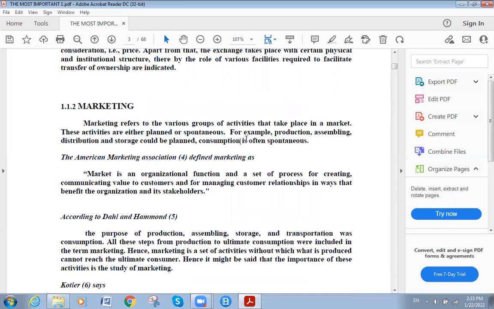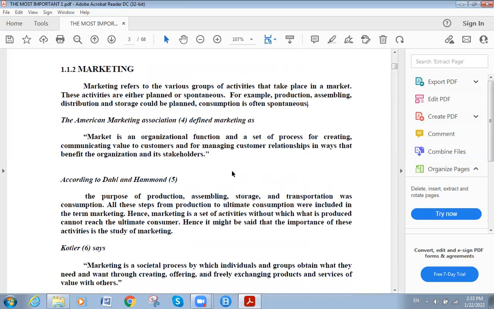For example, production, assembling, distribution, and storage could be planned. Consumption is often spontaneous. Also, marketing is an organizational function and a set of processes for creating and communicating value to customers, and for managing customer relationships in a way that benefits the organization and its stakeholders.